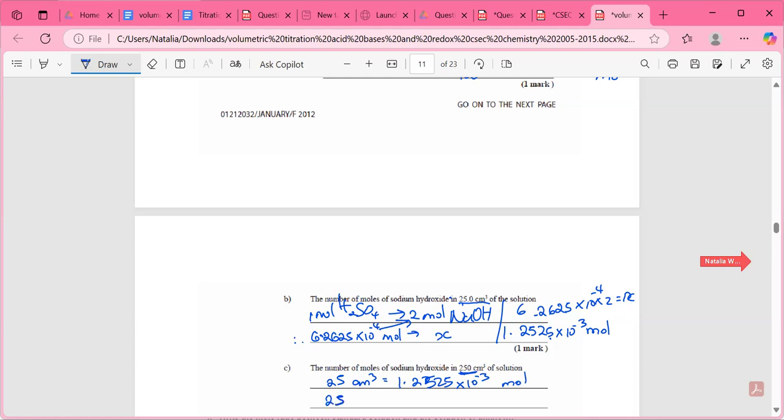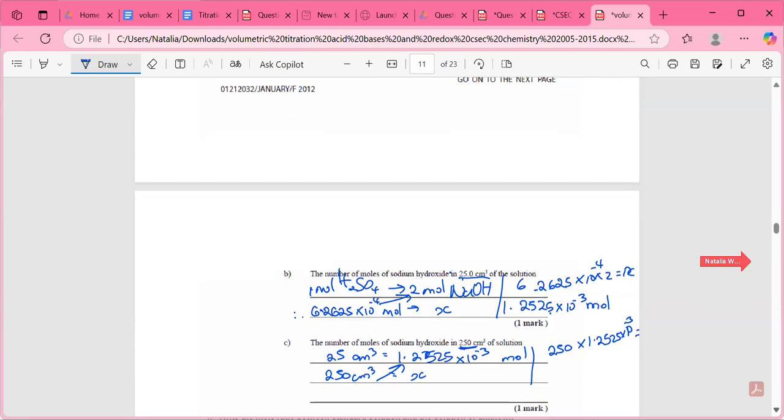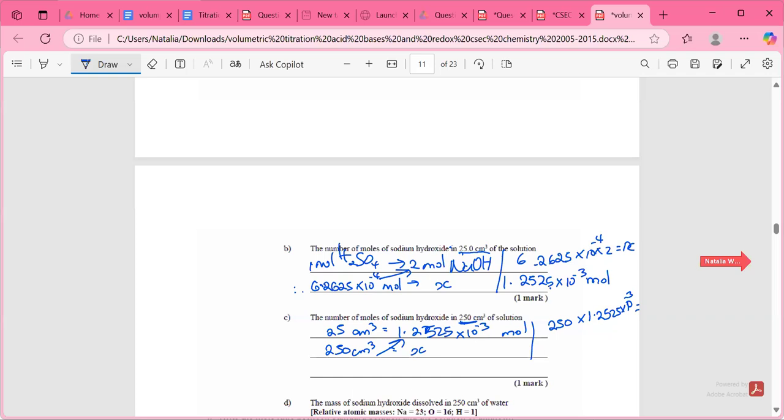So therefore, 250 centimeters cube has X moles, so I'll cross multiply. 250 times 1.2525 times 10 to the negative 3 is equal to 25 times x.